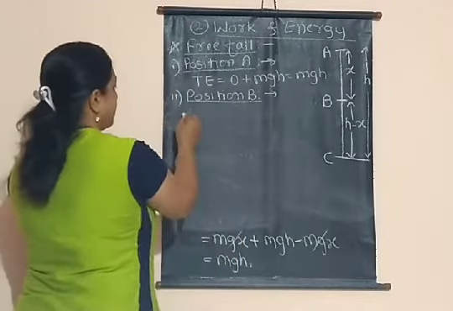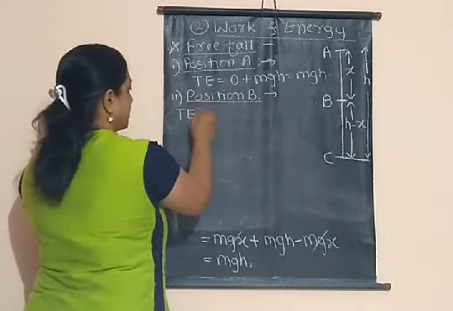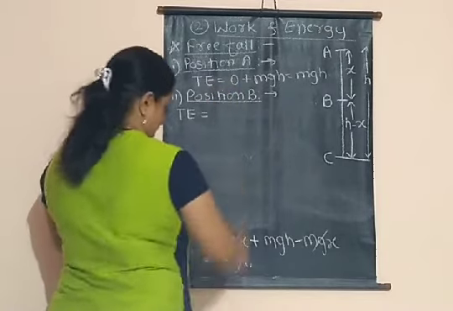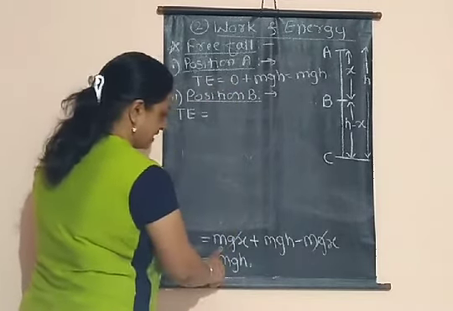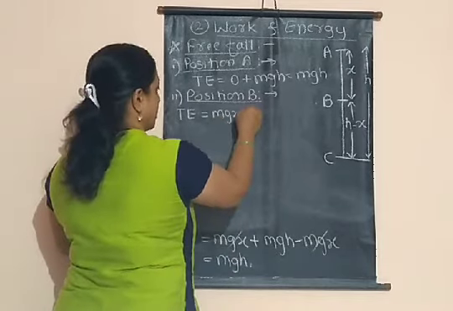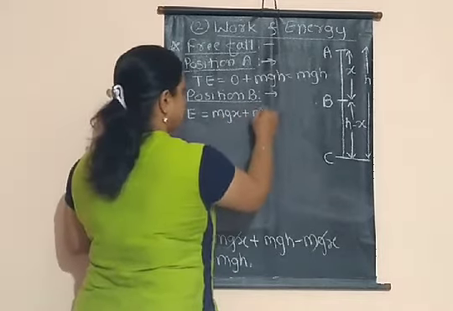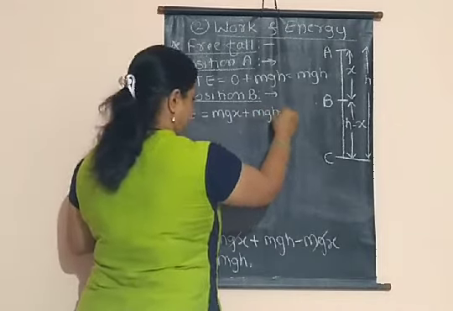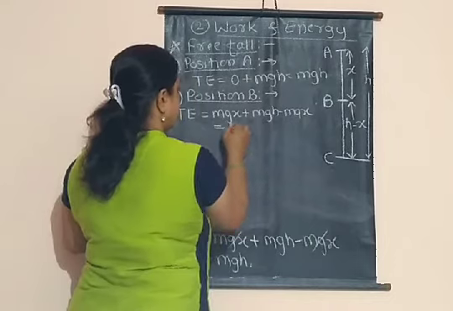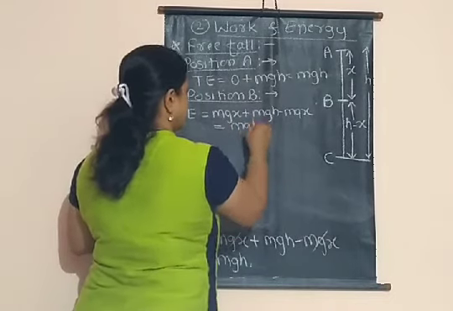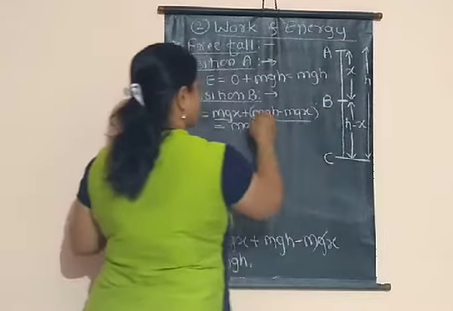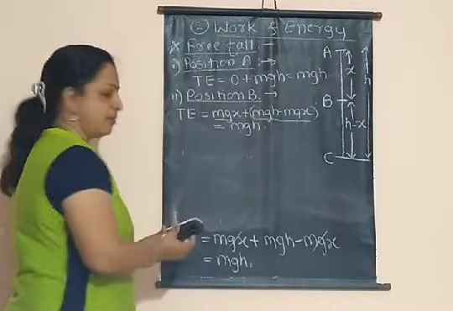The total energy is equal to kinetic plus potential. The kinetic is mgx, plus the potential mgh minus mgx, and the total energy is then mgh. So this is the kinetic, this is the potential energy, and the total will be mgh.